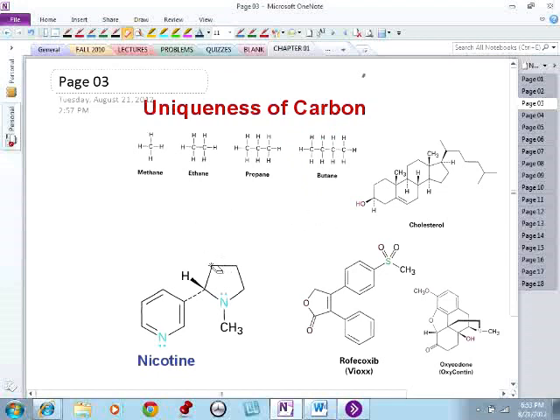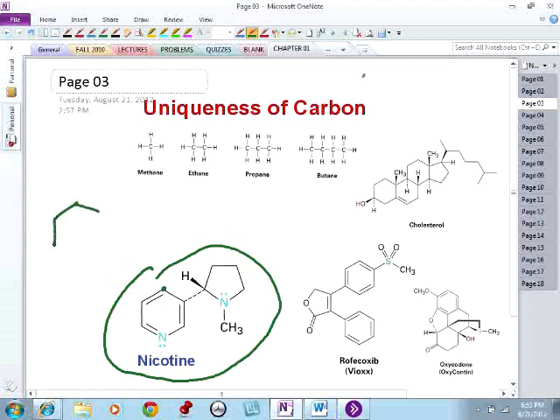Now, you also see here in this molecule that we call nicotine, the intersection of 2 lines, this line and this line, that intersection right here represents a carbon atom. If I draw that, that represents an organic molecule.